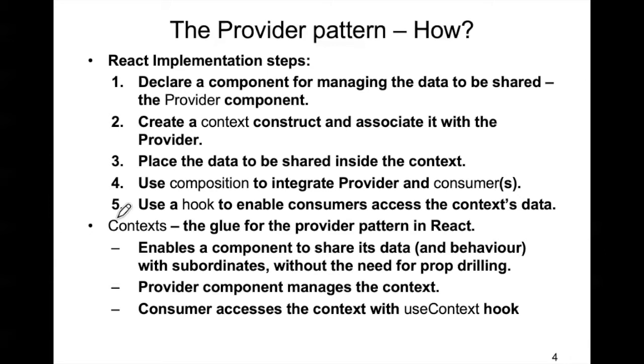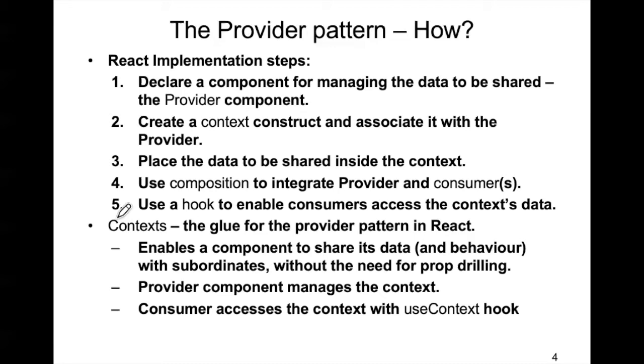And I'm saying there that it enables a component to share some of its data with anybody else that's interested, any subordinates. They do have to be subordinates, though, that are interested in the particular data. The provider component manages the context. In other words, it decides what goes into the context and whether those values can be changed or not.